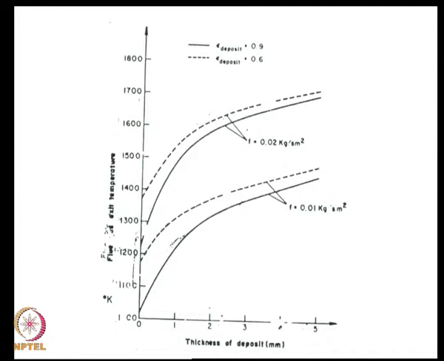So, again we see that a simple model of the kind developed by Hottel has given us a rough guide as to what could be the impact of ash deposit on the furnace performance. So, that is the usefulness of this kind of analysis.